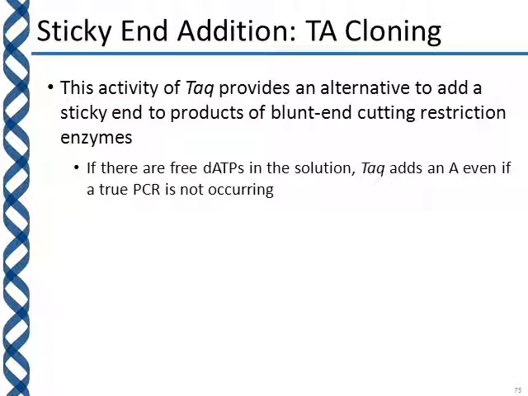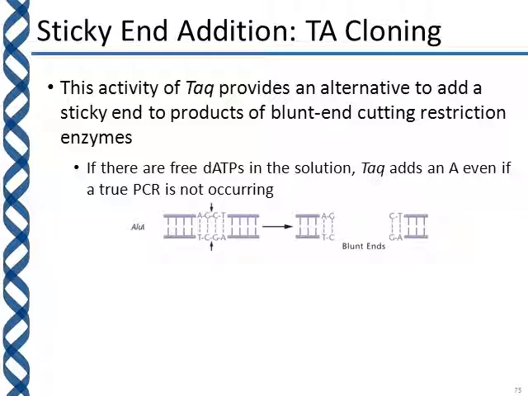This activity of Taq provides an alternative to add a sticky end to products of blunt end cutting restriction enzymes. If there are free dATPs in the solution, Taq adds an A even if true PCR is not occurring. Here again, with the Lu1, we show it naturally forms blunt ends.